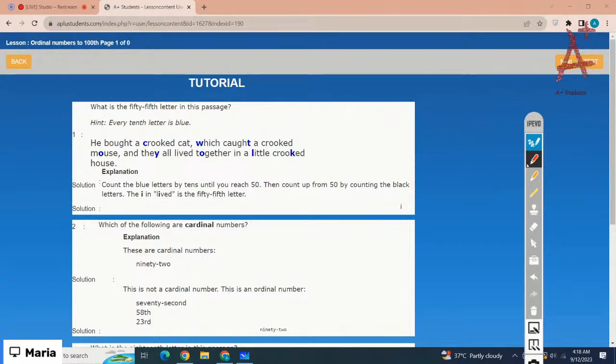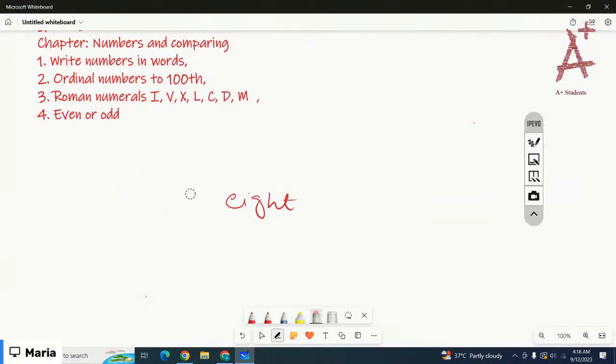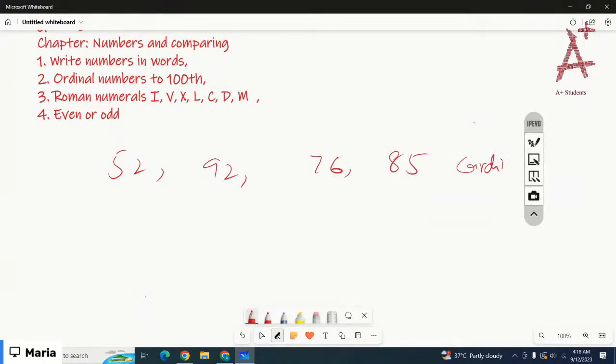Like the normal numbers in counting, we write 52, 92, 76, 85. They are the cardinals, right?